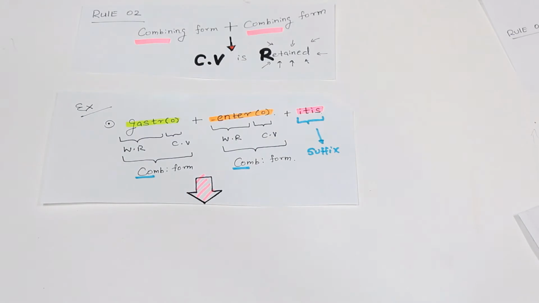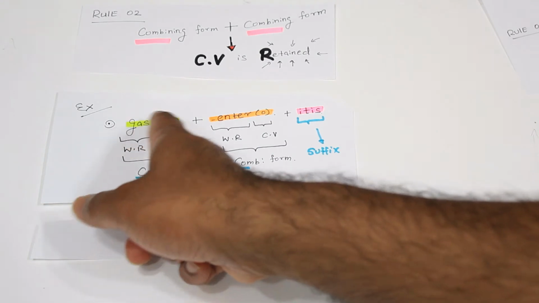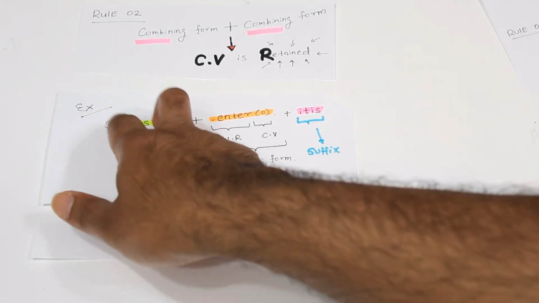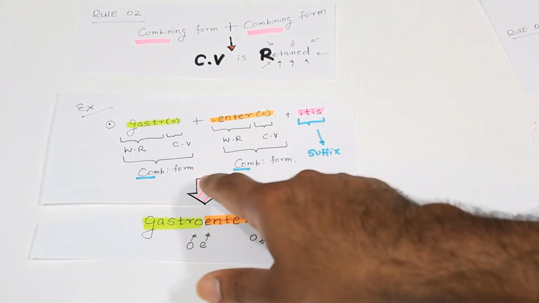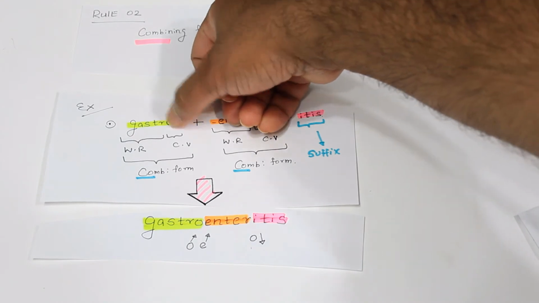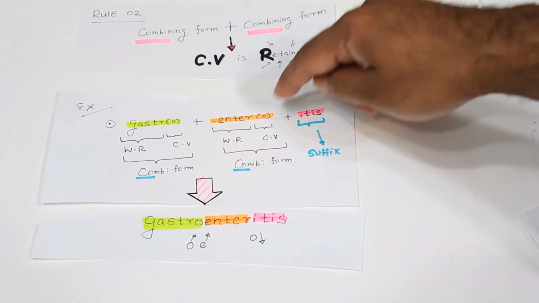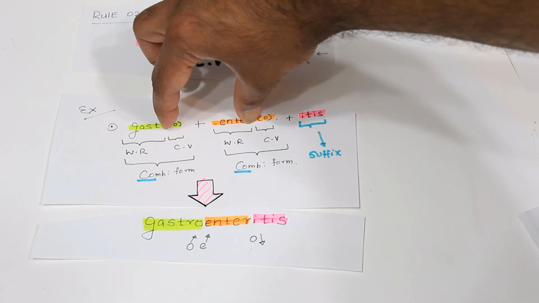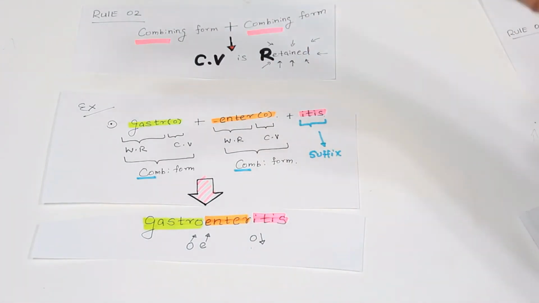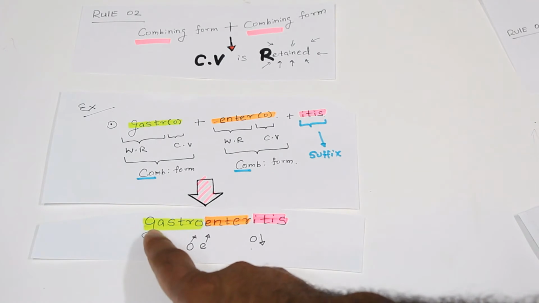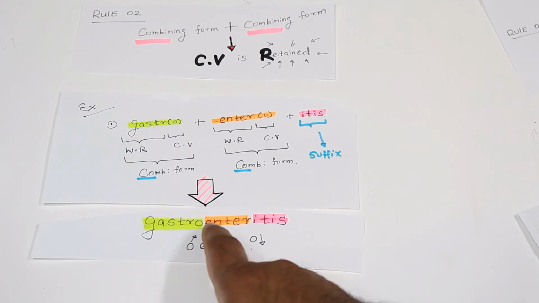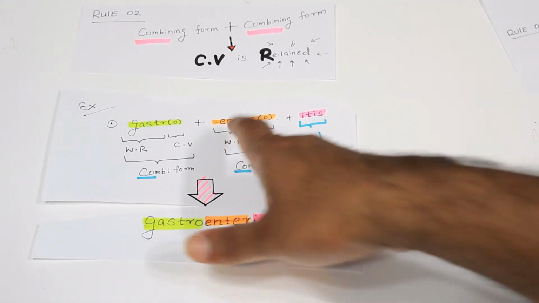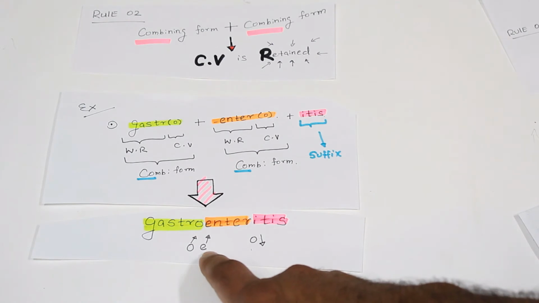So what happens here? This one has a vowel. When this combining form joins this combining form, the combining vowel between these two is retained. See, gastro, the O is here, and enter has another vowel, E. So both the O and the E remain.